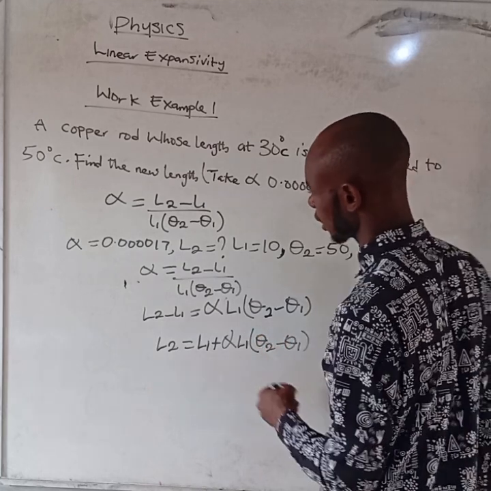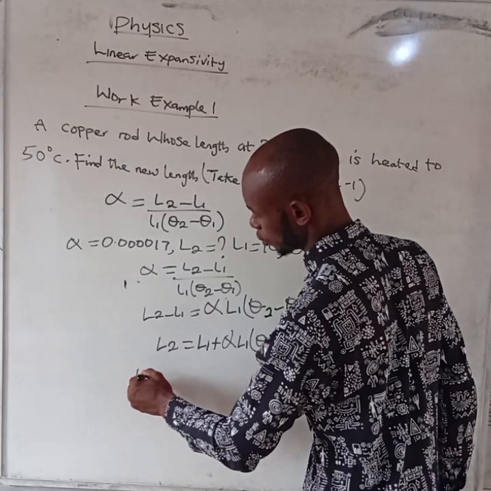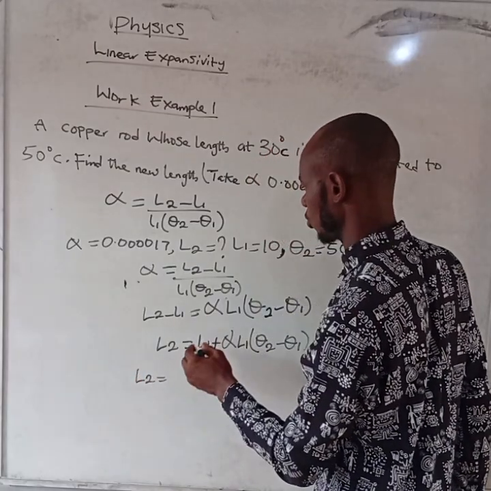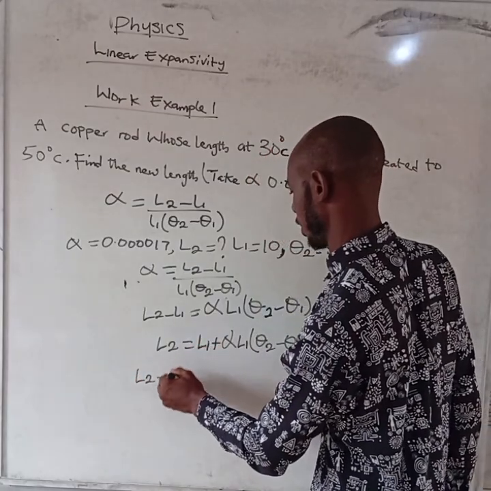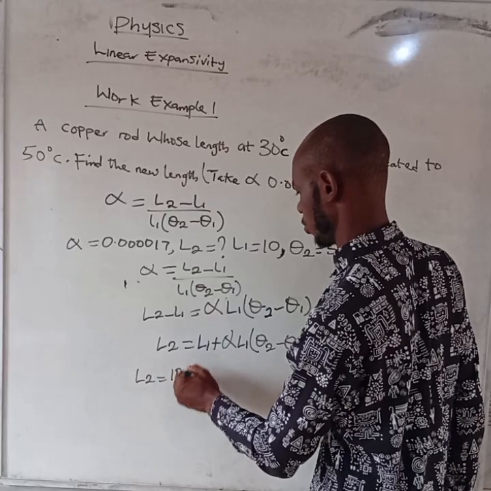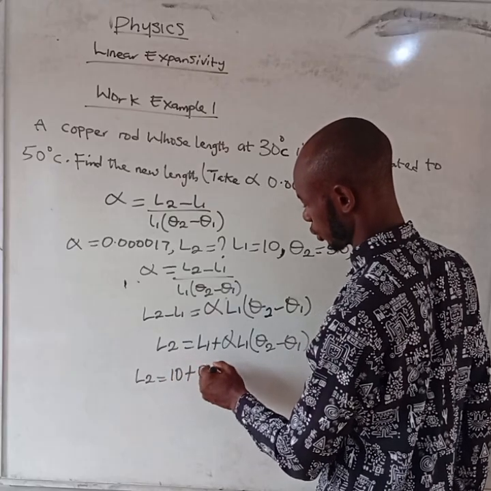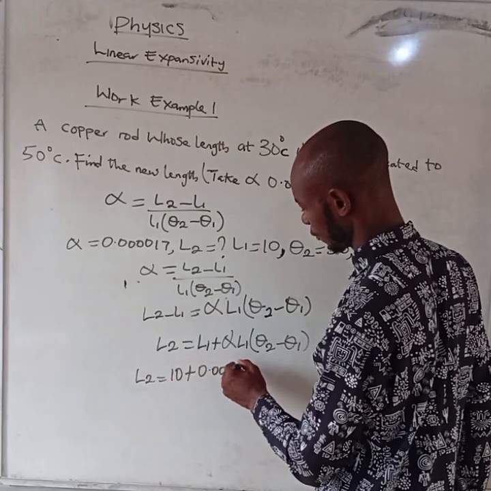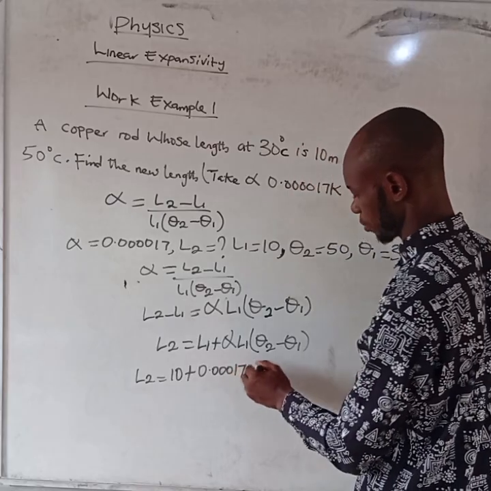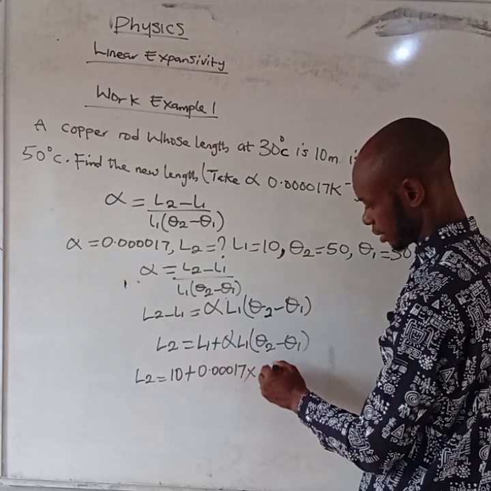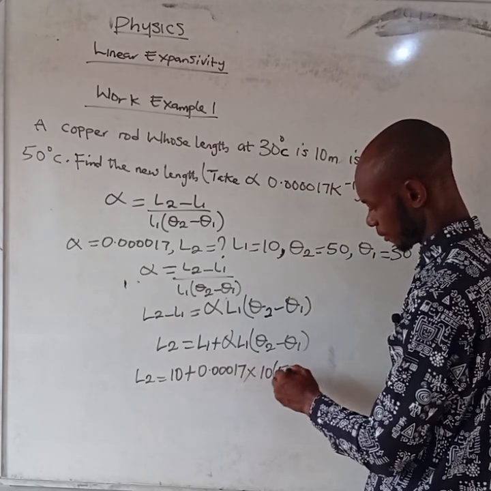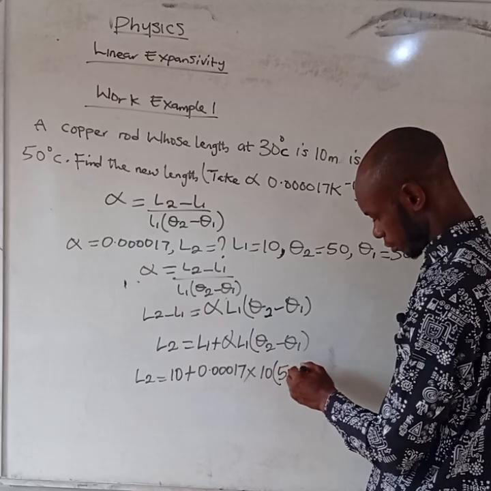So from here, let's insert our values. L2 will be equal to L1, which is 10, plus 0.00017 multiplied by 10 into 50 minus 30.